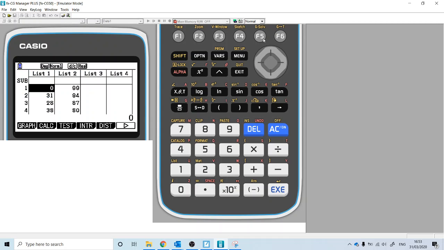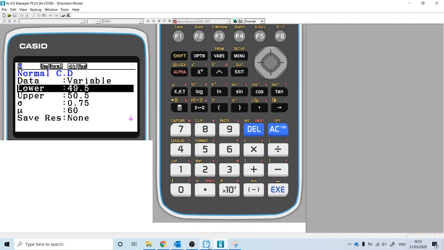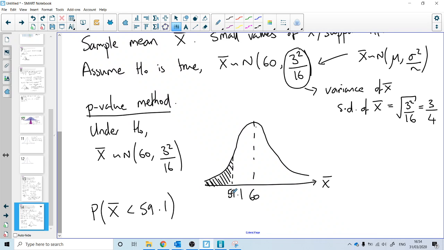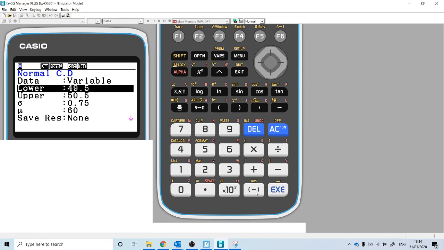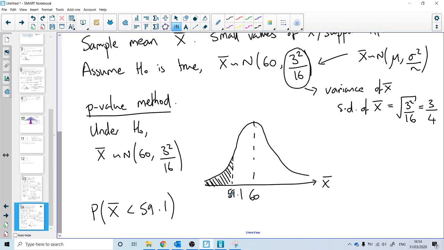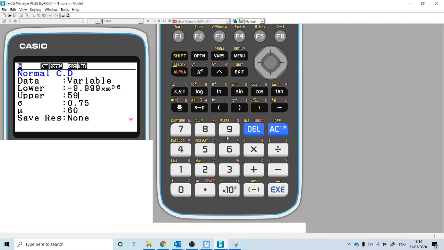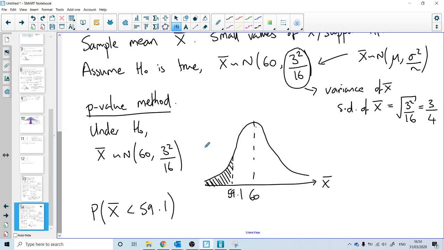So this time we're going to go on distribution, normal CD, and we want all of the area to the left of 59.1. So we're going to put our lower as a really, really small number, our upper as 59.1, because we want the area up to there. Now, same as last time, just as a reminder, the variance of x bar was this thing here.